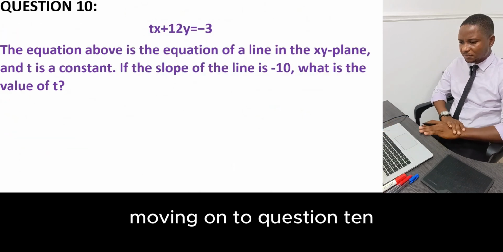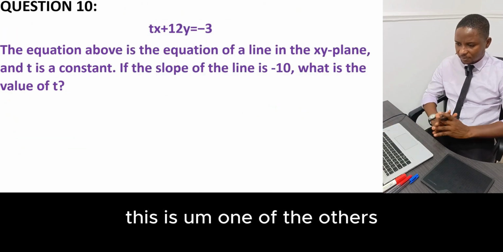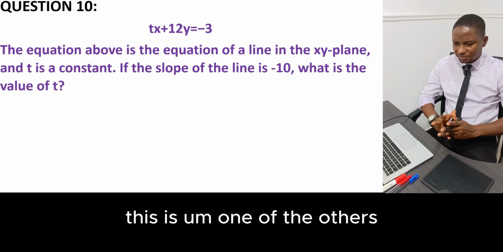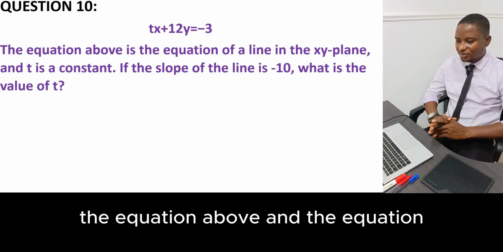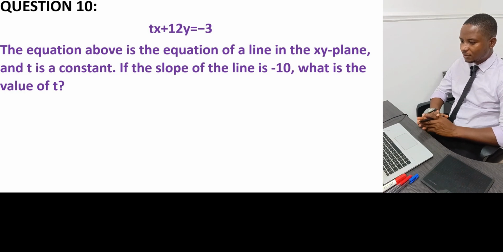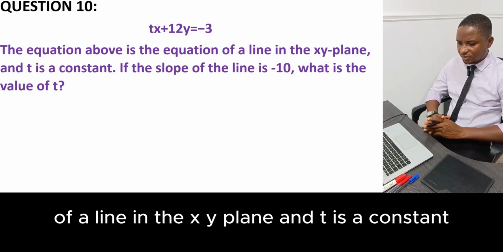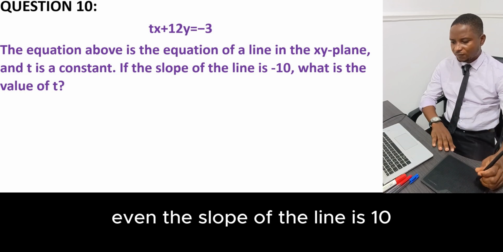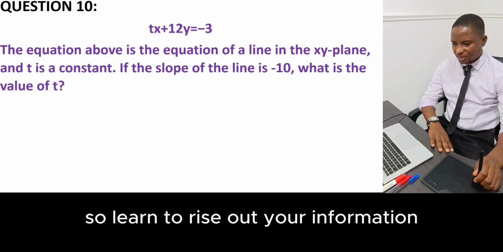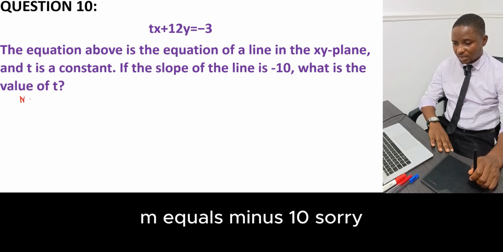Moving on to question 10. This is one of the tougher ones, but we'll make it simple for you. The equation above is the equation of a line in the xy plane and t is a constant. If the slope of the line is -10, so learn to write out your information, m equal to -10.